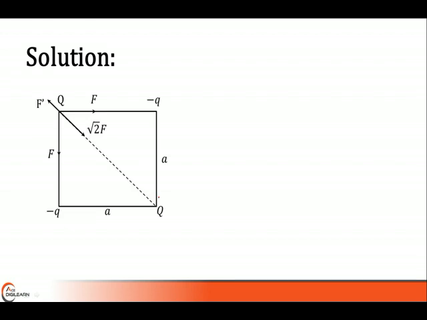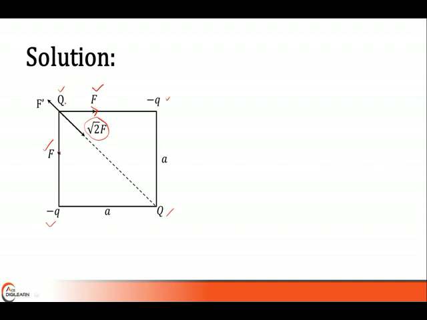Here's the diagram. Charge Q is at two opposite corners and charge minus q is at the other two corners. Now, if Q is positive, then minus q will attract it, and these are the two forces F due to minus q, and since these two forces will be equal in magnitude, the resultant will be root 2 F, which is along the diagonal.